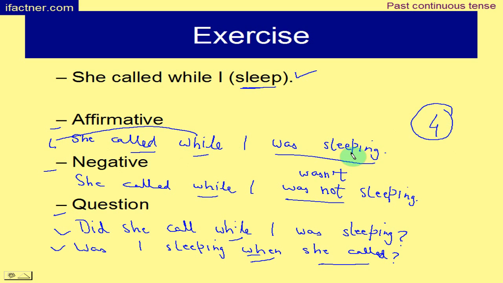She called while I was sleeping, or while I was sleeping, she called. I was sleeping when she called, or when she called, I was sleeping. These four sentences are correct.